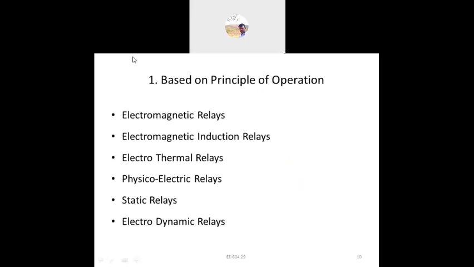In the electromagnetic type we have further classifications: solenoid type, armature type, and armature attraction type. These are the classifications based upon the operation.